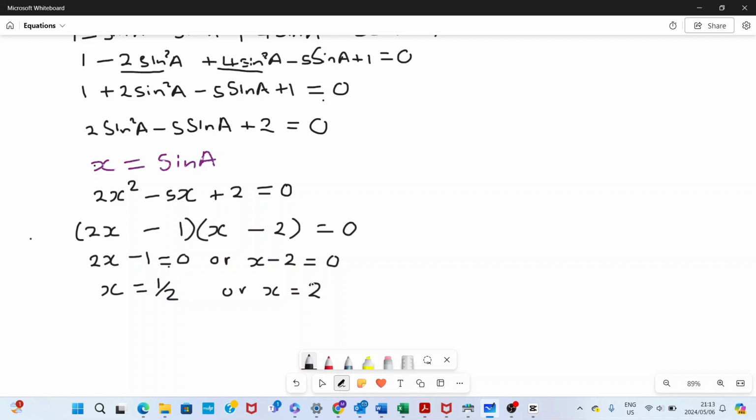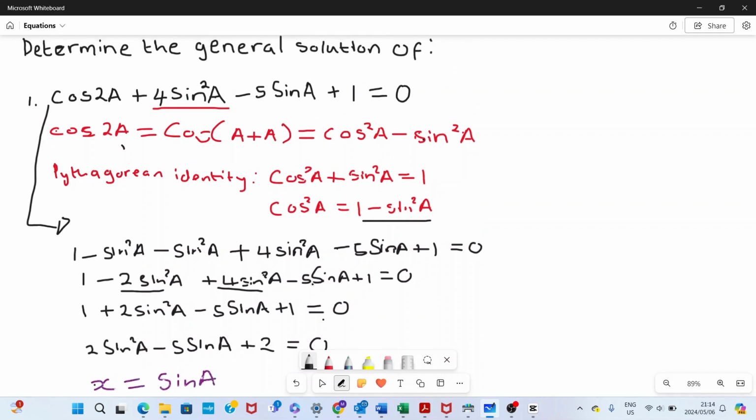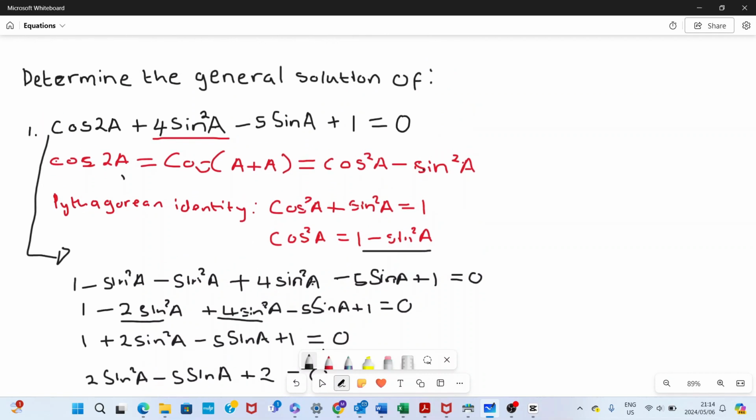But you need to remember what it is that we are trying to find in this question. We are trying to determine the general solution for this top equation.